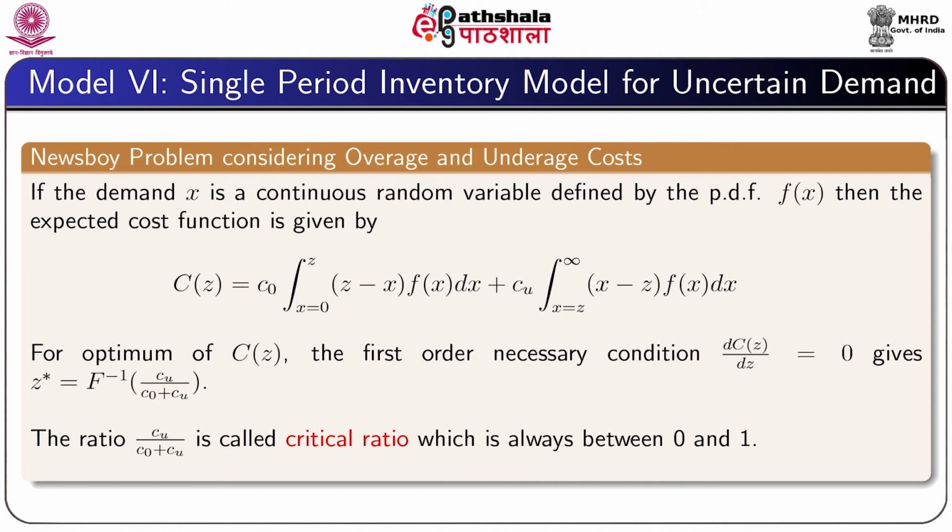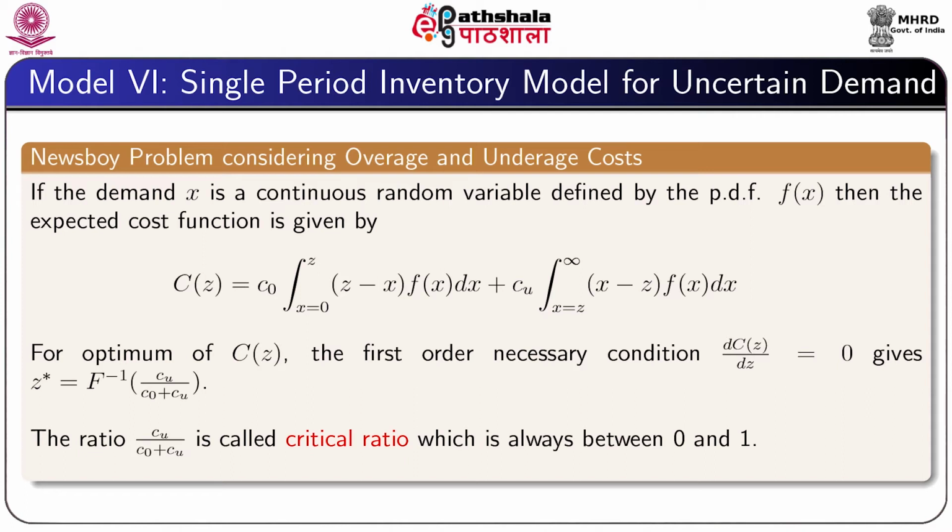If the demand x is a continuous random variable defined by the probability density function f(x), then the expected cost function is given by C(z) equal to C0 integral x equal to 0 to z, (z minus x) f(x) dx, plus Cu into integral x equal to z to infinity (x minus z) into f(x) dx.